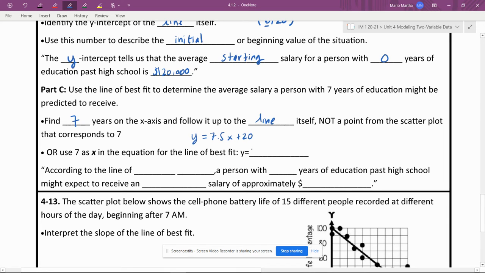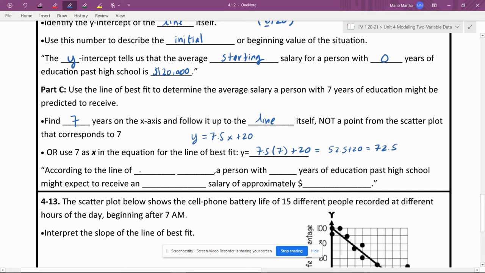So that would be 7 years of trade school, apprenticeships, or anything else after high school, times 7.5, plus your initial value, which is 20. So 7 times 7.5 is 52.5, plus 20. That's a total of 72.5.